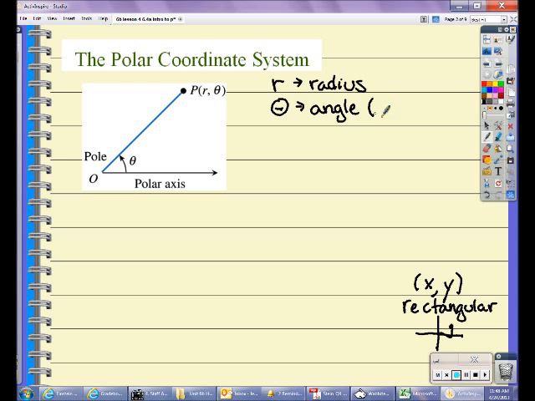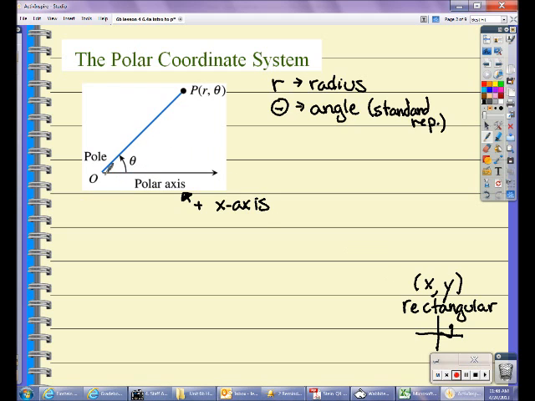The angle is measured just like usual in the standard representation. So you start at the polar axis, which is essentially like the positive x-axis, if it were placed on top of my rectangular coordinate system.